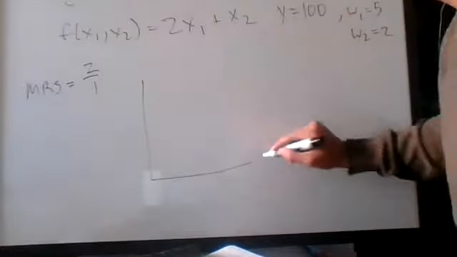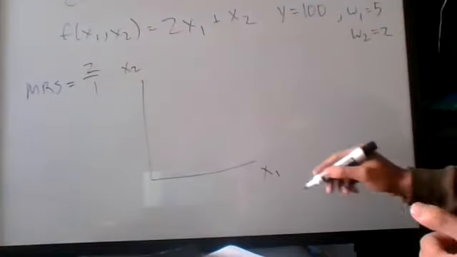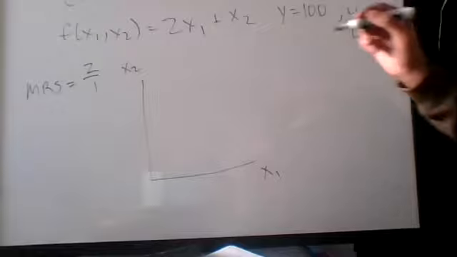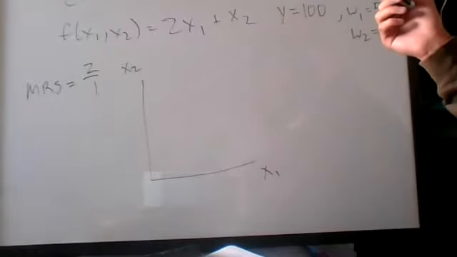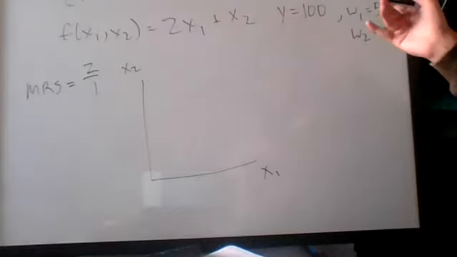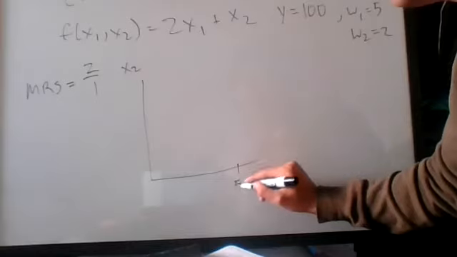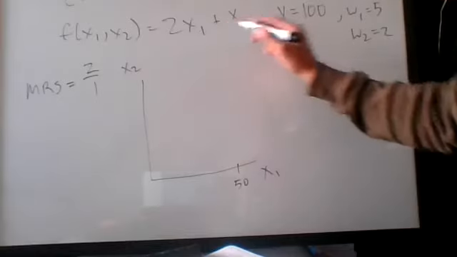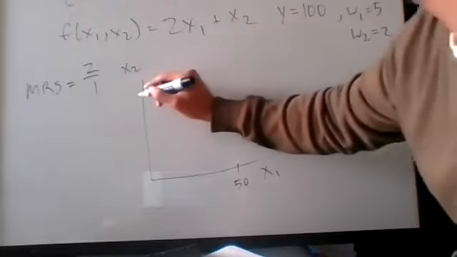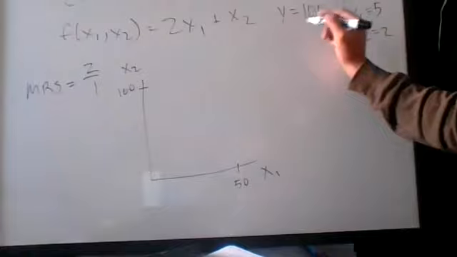So on our x1 and x2 axes, we basically have a fixed isoquant. We could either have 50 units of x1, and that'll get us to 100 units of production, or we could have 100 units of x2, and that'll also get us 100 units of production.